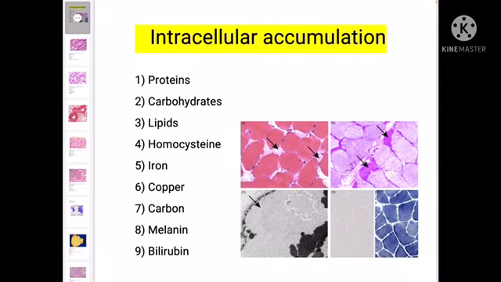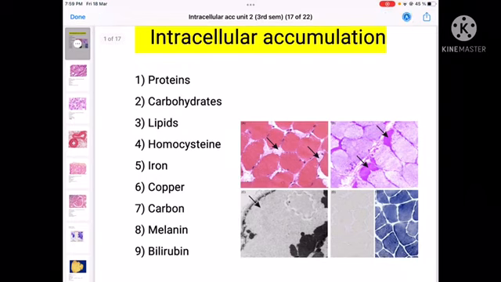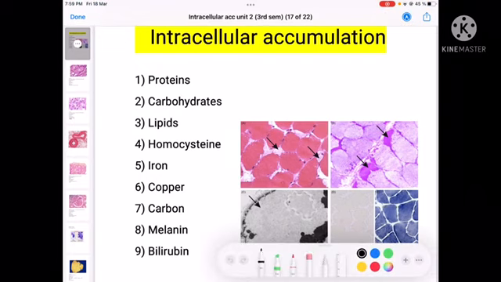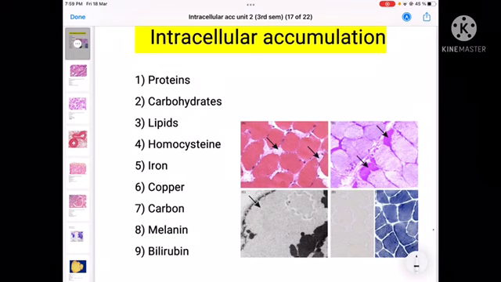So what is the reason behind the intracellular accumulation? The main reason is that whenever there is a defect in the mechanism or the enzymes that are responsible for the metabolism of these substances, for example protein, which needs to be metabolized to make certain other components of a cell.